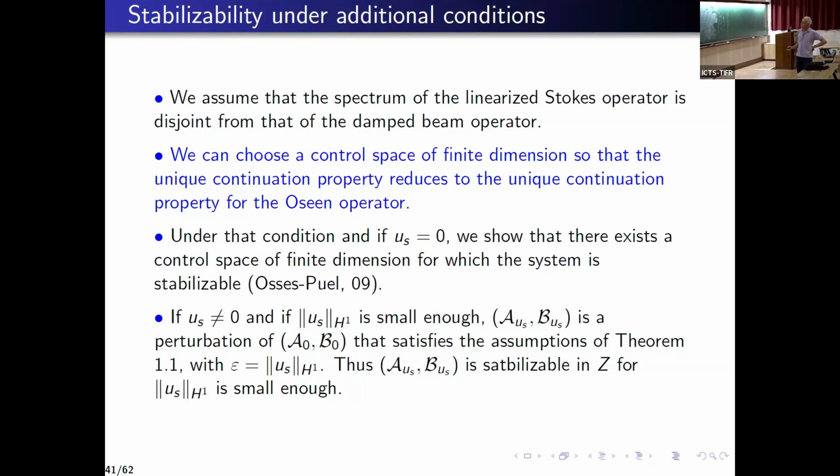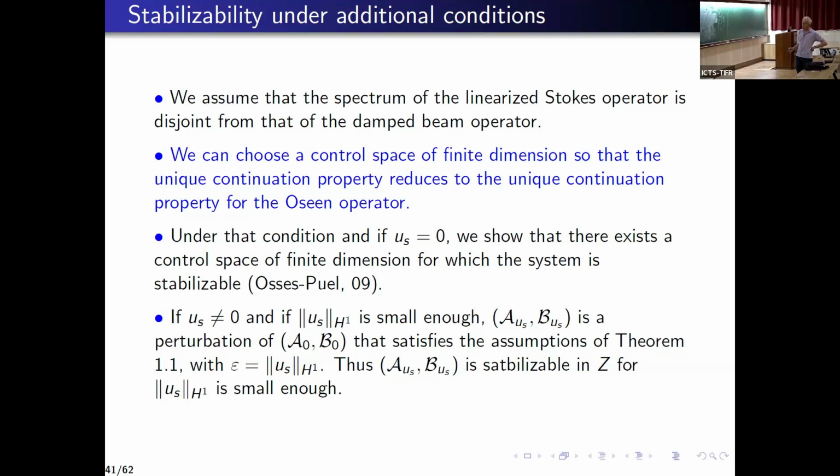We can show that we are reduced to a unique continuation property for the Oseen operator. And in that case, we have a positive answer if US, the stationary solution, is 0. So when we stabilize around 0, everything works. We can do that using a result by Osses and Puel published in 2009.